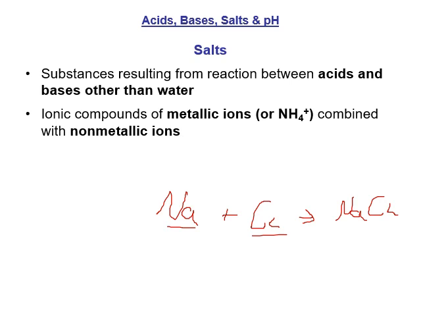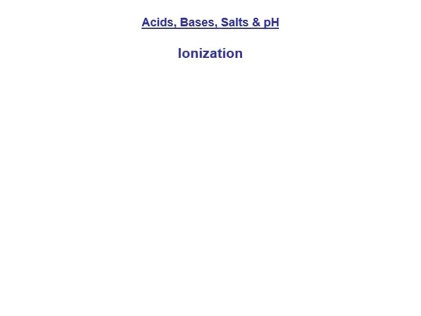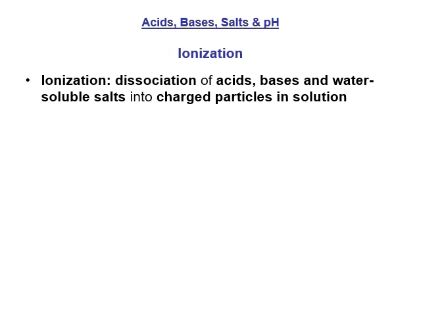Now, one thing that acids, bases, and salts do pretty well is to ionize. Ionization is the dissociation of acids, bases, and water-soluble salts into charged particles in solution. Dissociation just means it comes apart. So again, if I put table salt in water, it's going to come apart as sodium cations and chlorine anions.